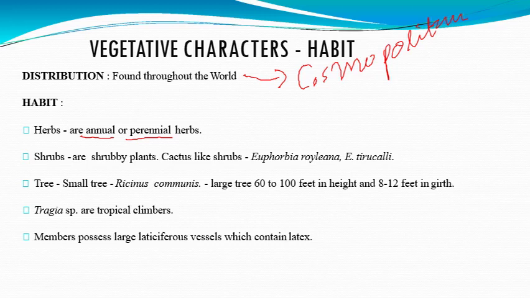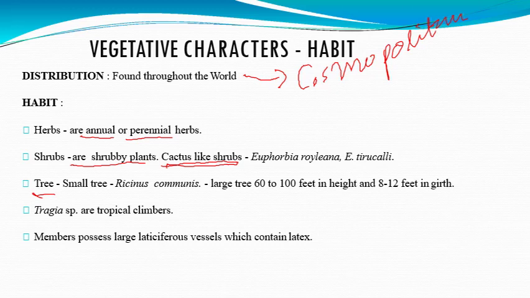In shrubs we have two diversified forms: one are the shrubby plants and the other are the cactus-like plants. This character shows the resemblance of these plants to xerophytic plants.